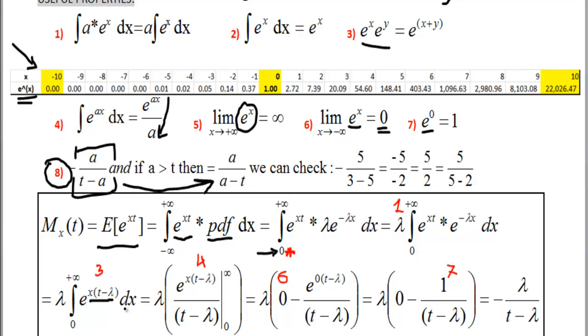Okay, and because we are integrating with respect to x, t minus lambda is actually our constant. So from property number 4, when we integrate this expression, t minus lambda goes into the denominator because it's like a constant, okay? And our limits of integration are from 0 to infinity, okay?